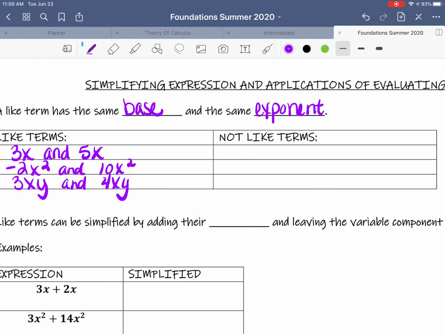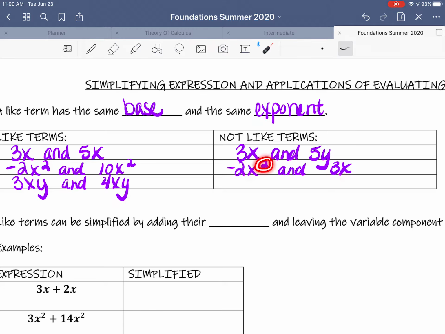Some examples of things that are not like terms would be 3x and 5y. While they do both have the same exponent, the variables are not the same. So those are not like terms. Or negative 2x squared and 3x.